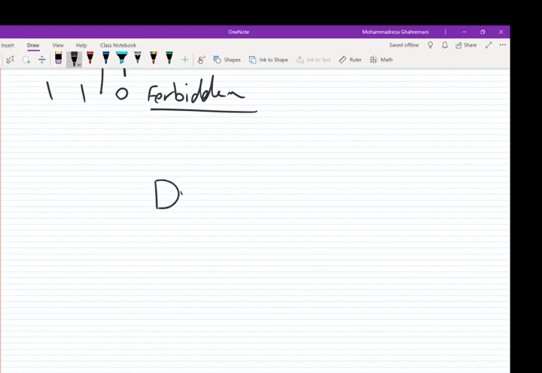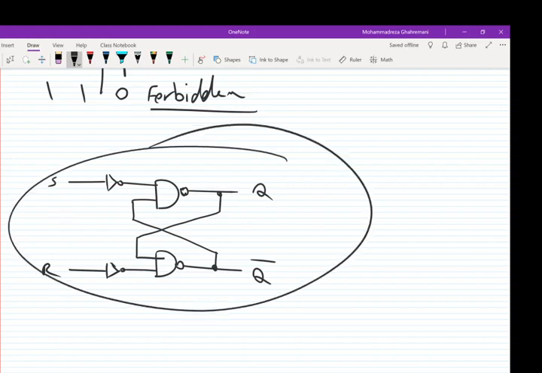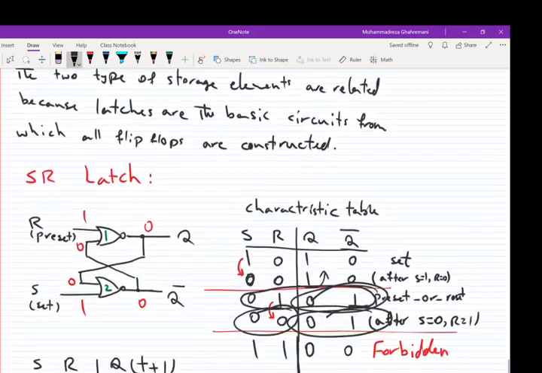So if we have two NAND gates like this, S, R, Q, Q bar, okay, this is exactly equivalent to this circuit.